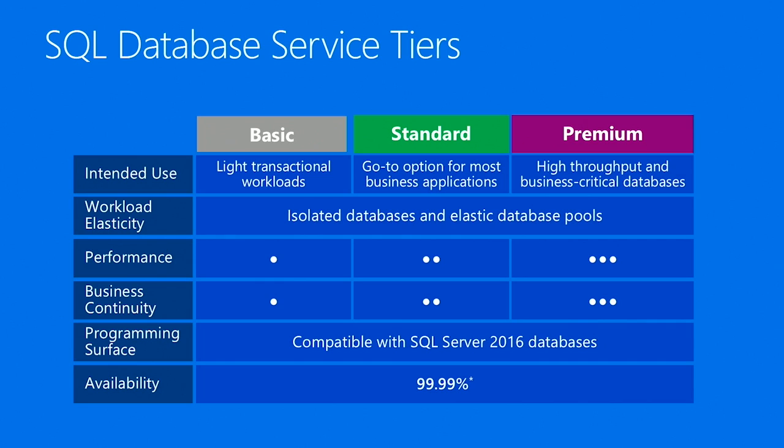That's why we call them performance tiers. The rest, in terms of business continuity and programming surface area, is fully compatible with SQL 2016 and the same across all the performance tiers. They have the same availability of 4 nines. And we support Elastic Pool across all these performance tiers as well.